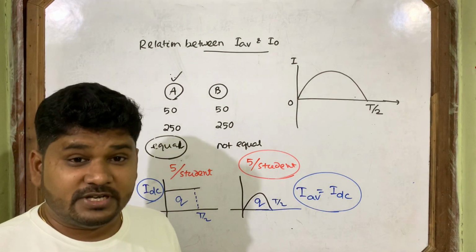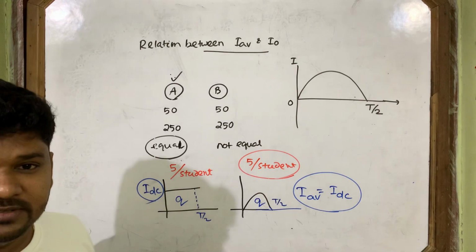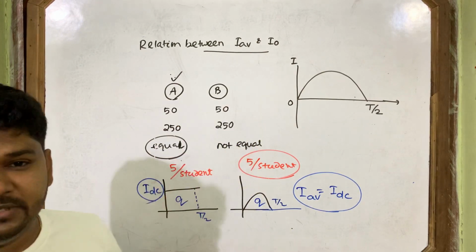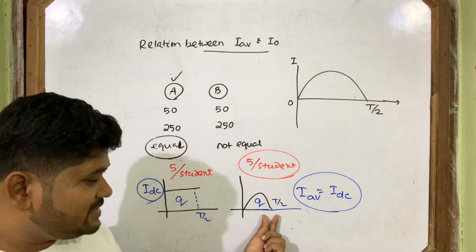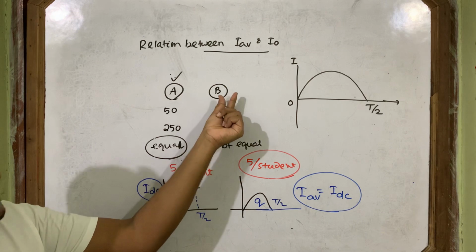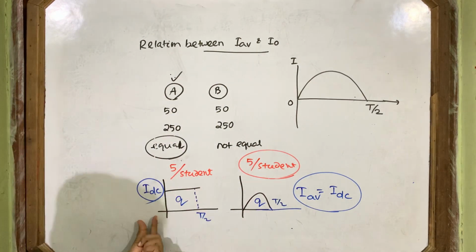Now can you understand what I told you in this example? We are unable to find the average value, just like the class teacher of B. So we just look to DC, as the class teacher of B looked to section A.